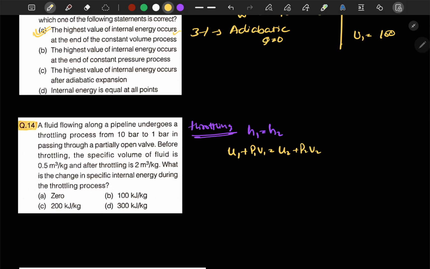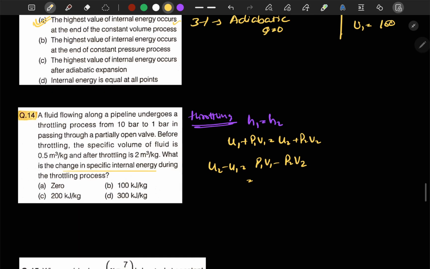But in the question it is asked the change in specific internal energy, which will be u2 minus u1. So rearranging, we will get p1 v1 minus p2 v2. Now we can substitute the given values here.